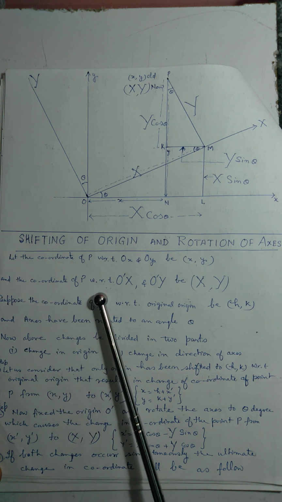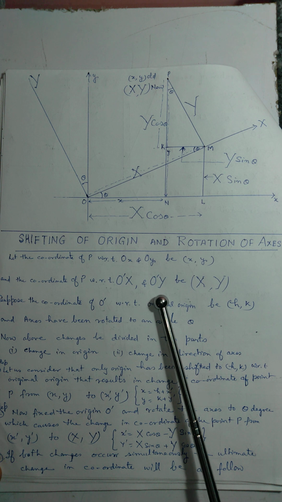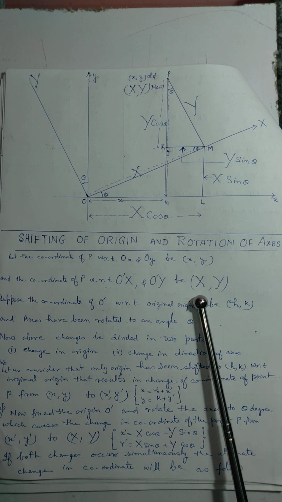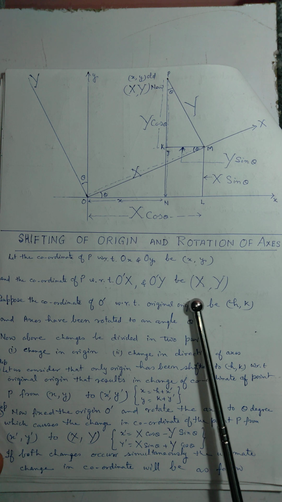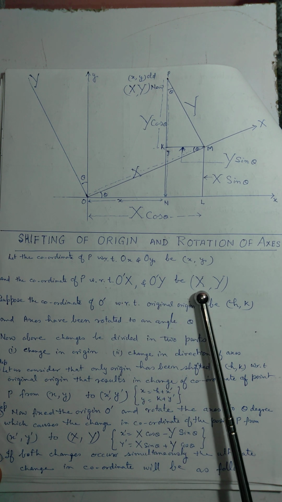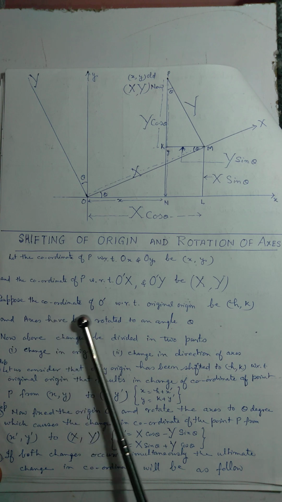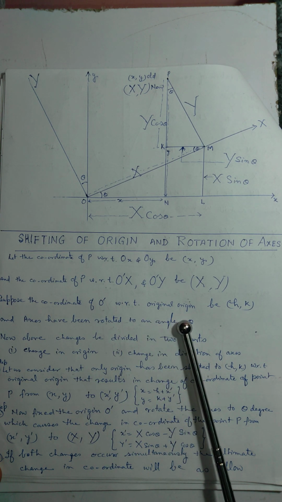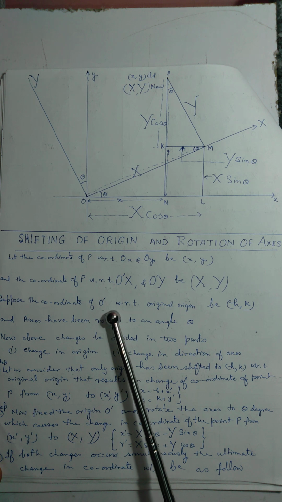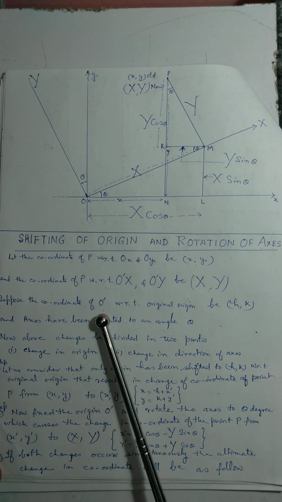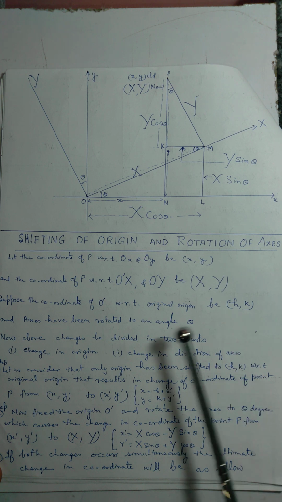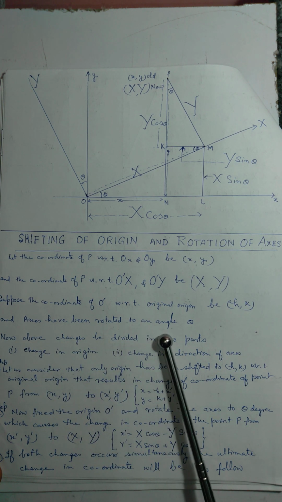And the coordinate of P with respect to O dash X and O dash Y, that is the last situation after shifting and after rotation, be capital X and capital Y. Suppose the coordinate of O dash with respect to the original origin is H, K, meaning the origin is shifted to O dash, and the axes have been rotated through an angle theta.